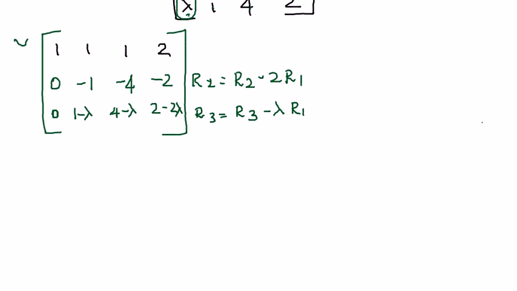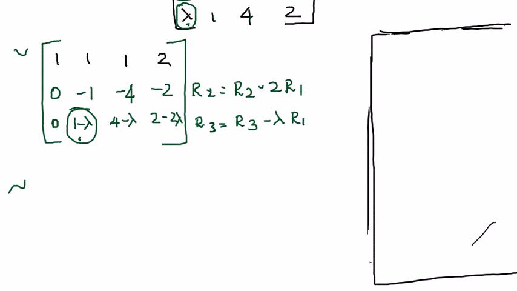Next, we want to make this element here 0, right? In echelon form, typically that's how we do it. So I'll put a small rough work here. To make this element 0, R2 now has minus 1 and R3 has 1 minus lambda.